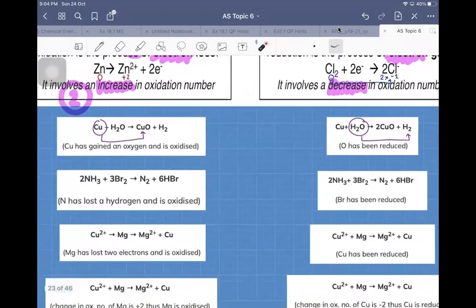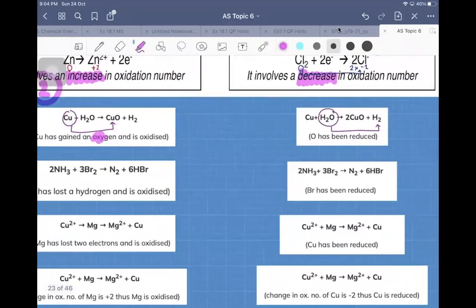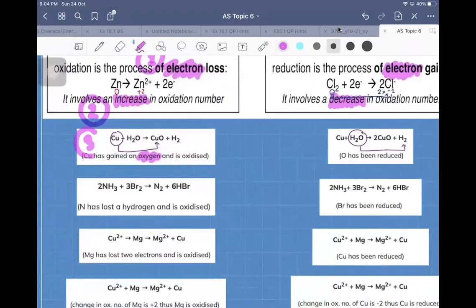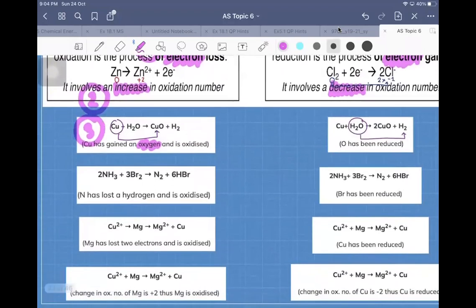The third way of looking at redox is by spotting the oxygen, whether you have gained or lost it. And the last one is by looking at hydrogen, whether you have gained or lost hydrogen. In oxidation, hydrogen will be lost, so it's the opposite to oxygen.